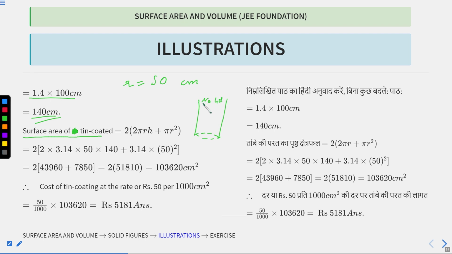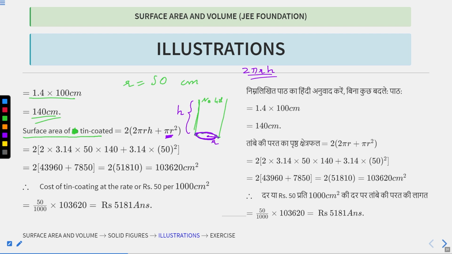Okay. So this information is given. This is my h and r. So first of all, I have to find out the curved surface area. The curved surface area is very clear. It is 2 pi r h. Okay, clear. Now what I need to find out is just this area, because I have to cover this part also.